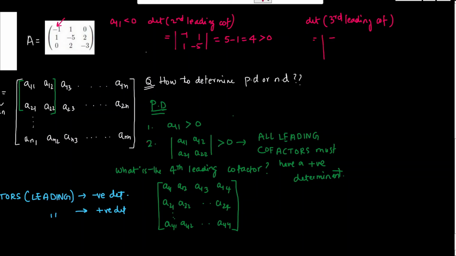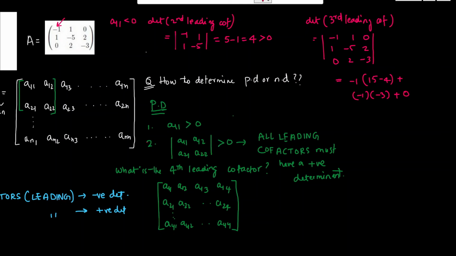Which is minus 1, 1, 0, 1, minus 5, 2, 0, 2, minus 3. Now if I expand using the first row, I will have minus 1 times of 15 minus 4, plus minus 1 times of minus 3, plus 0.